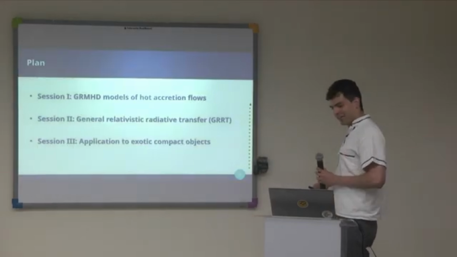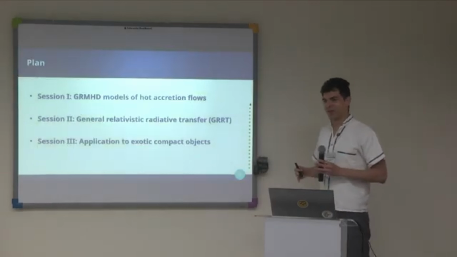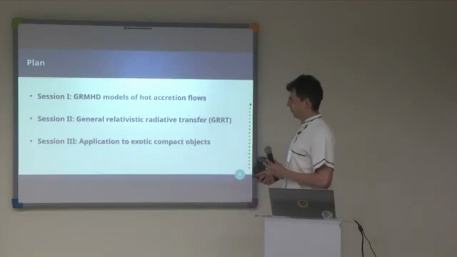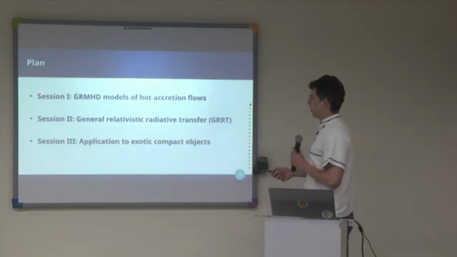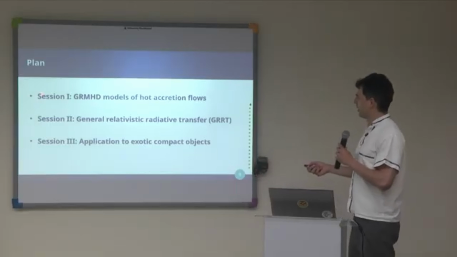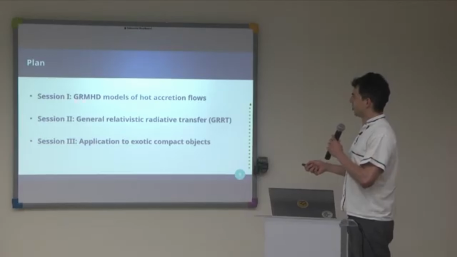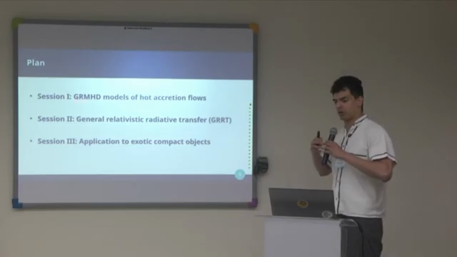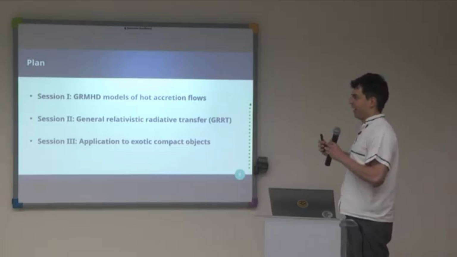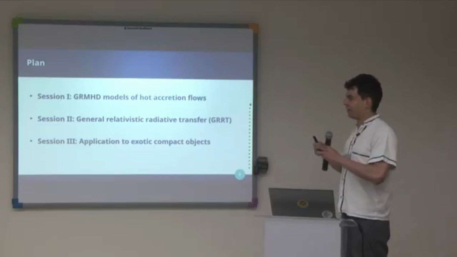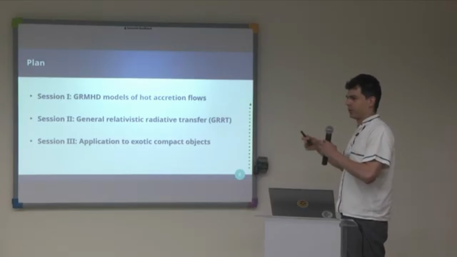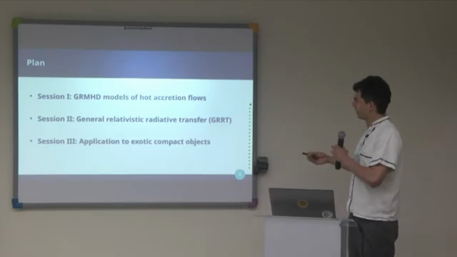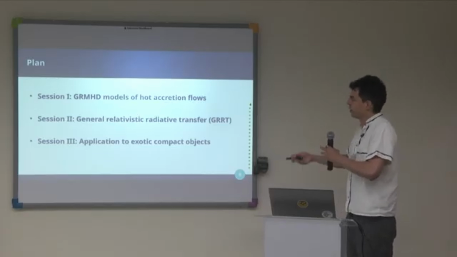So, after this introduction, this takes us to the plan of these lectures. In today's session, I will explain how to produce GRMHD models of hot accretion flows. So a bit about how the environment, we already saw that, but with a bit more detail, how the environment tells us what we should simulate.